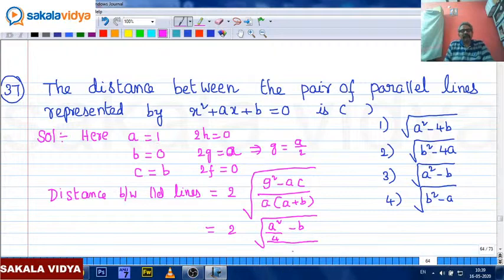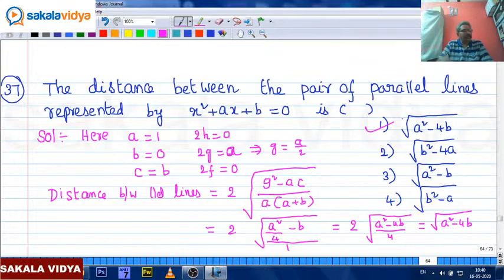So 1 plus 0, 1 itself only. This is equal to 2 root of a square minus 4b by 4. Root of 4 is 2, 2 gets cancelled. We have square root of a square minus 4b. So first option is the right option.